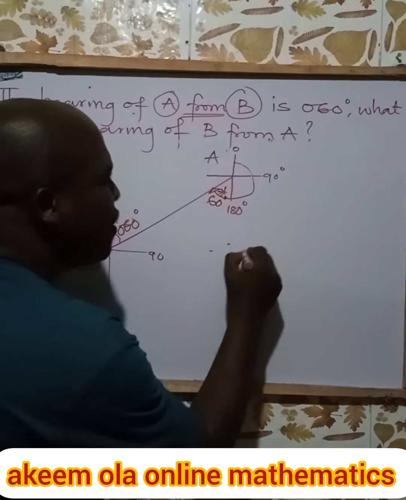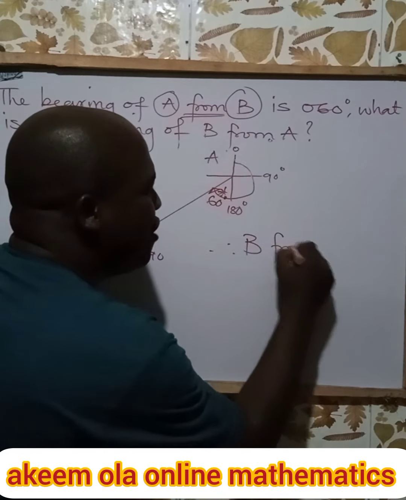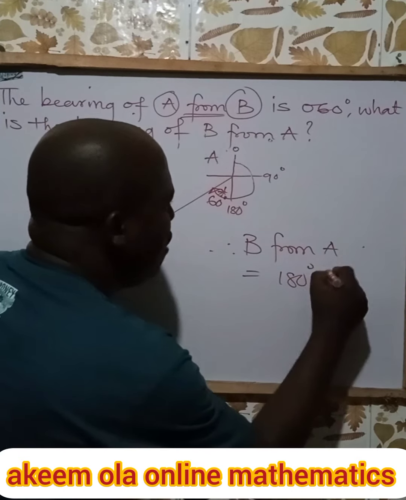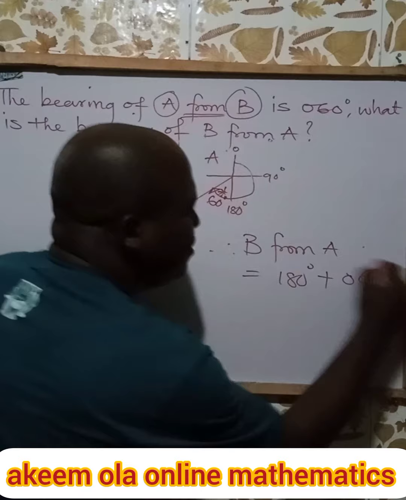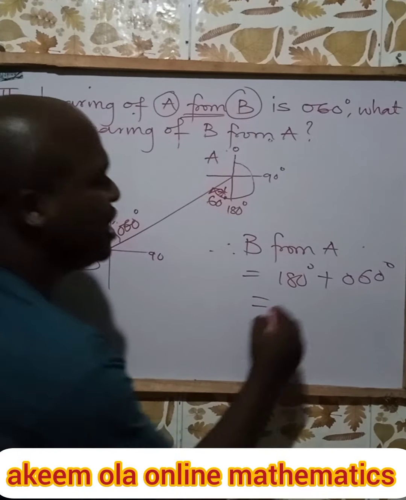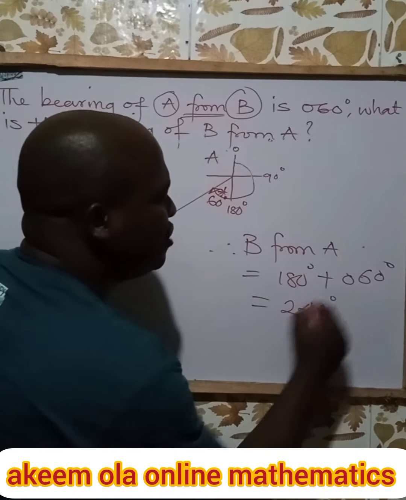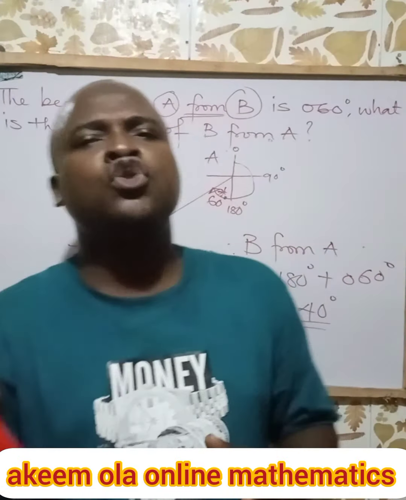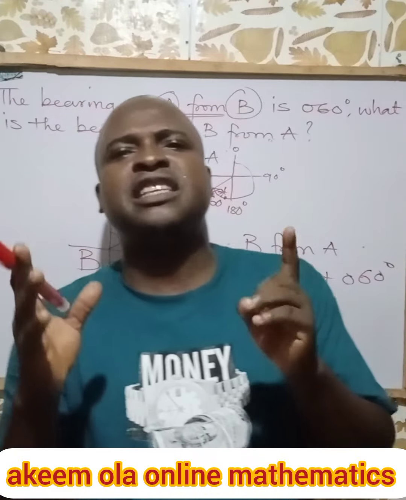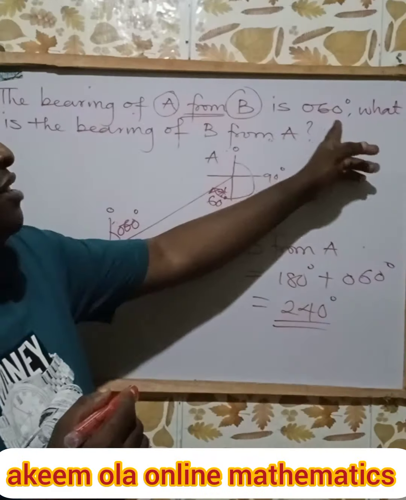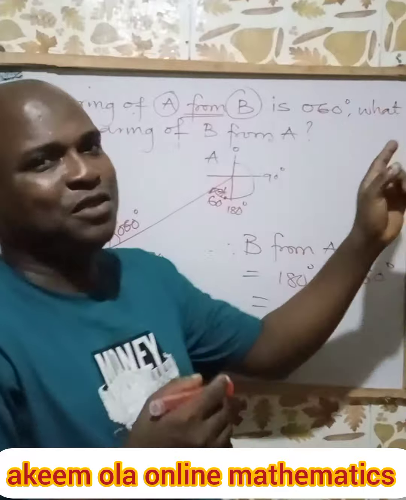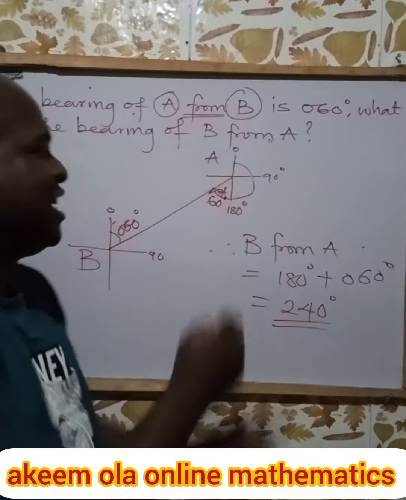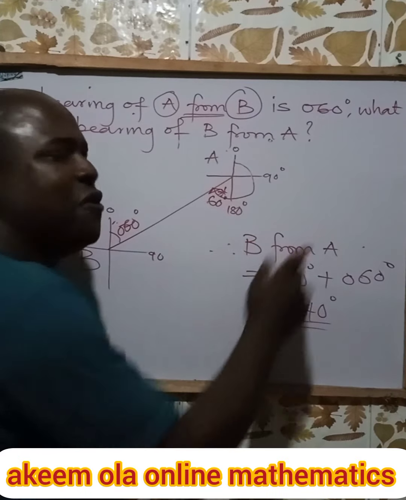Therefore, the bearing of B from A will be equal to 180 plus 060 degrees, and that will automatically give us 240 degrees. Note that bearing always makes use of three digits. That is why angle 60 is always written as 060. And my final answer here now is 240 degrees. That is the bearing of B from A.